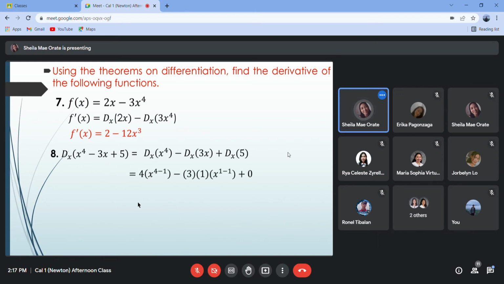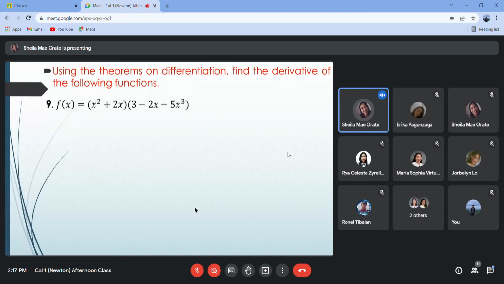Then the constant multiple rule applies to 3x. Then the constant function is automatically 0. So x raised to the power of 0 is always equal to 1. So we have 4x cubed minus 3. So your answers are correct.